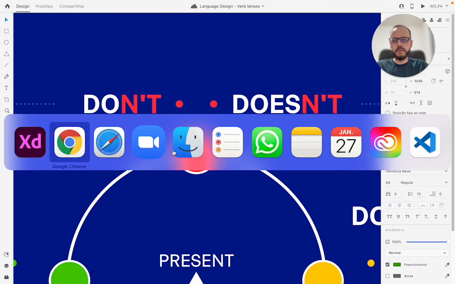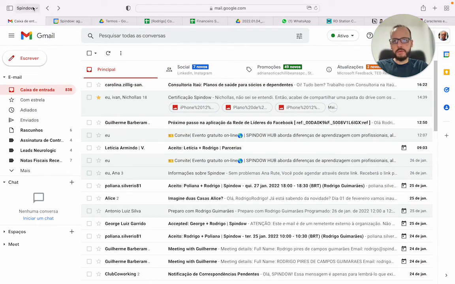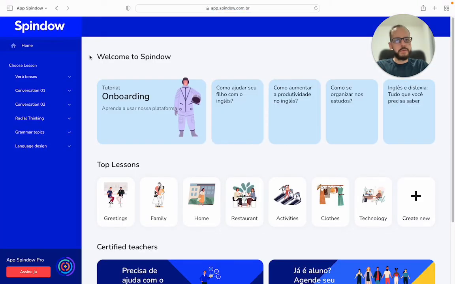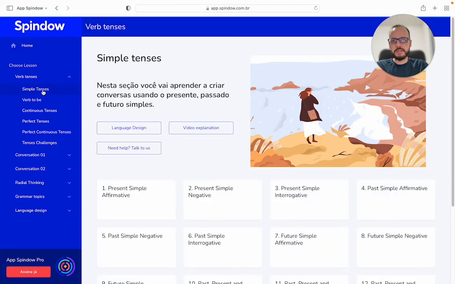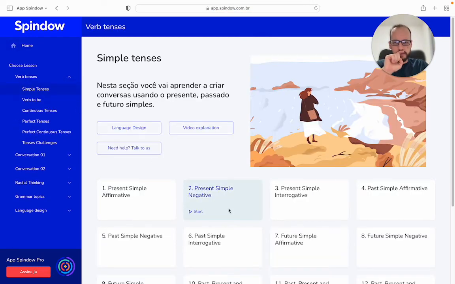Let me find it here. You can come here to App Spindle and you can practice exactly this form. So I'm gonna zoom in and practice the present simple in the negative form.